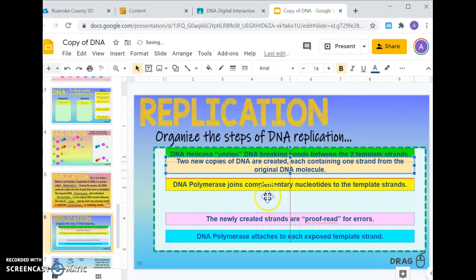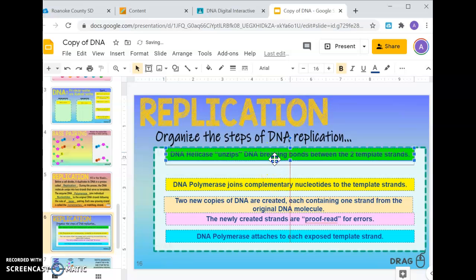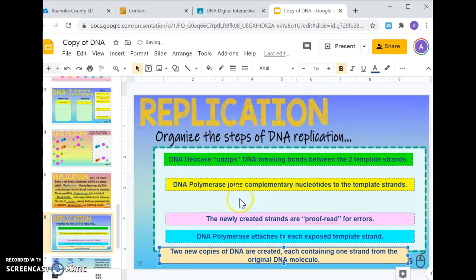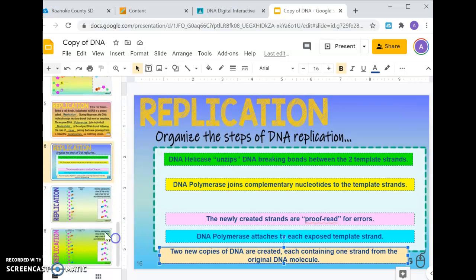So the first thing is DNA helicase unzips your DNA, breaking the bonds between the 2 templates. So then you're going to have to decide which of these happens right after that. And of course you're going to end with 2 copies of DNA, right? So you're going to land up ending with this big one down here. So now you're going to take those middle ones and put them where they go. So use your notes, and they go through the steps of replication and finish that one.